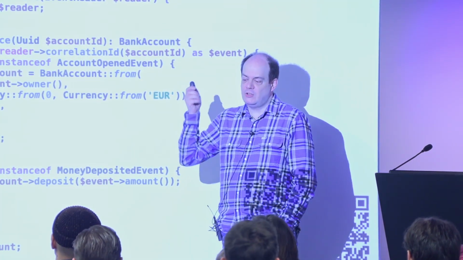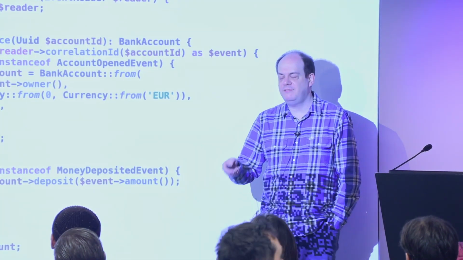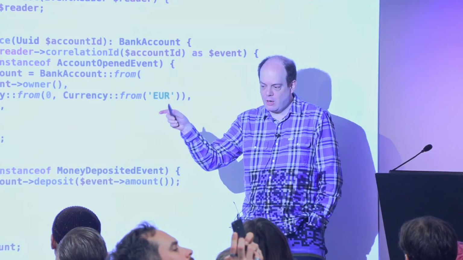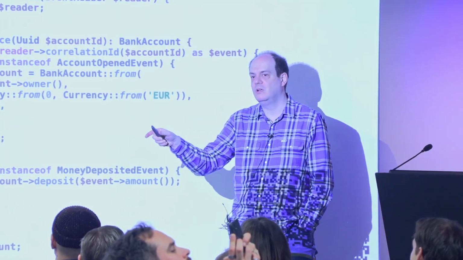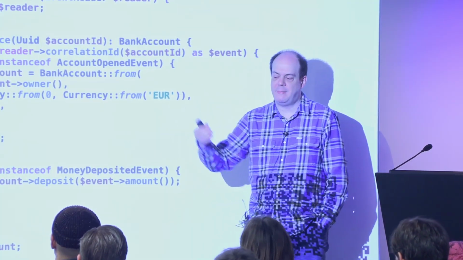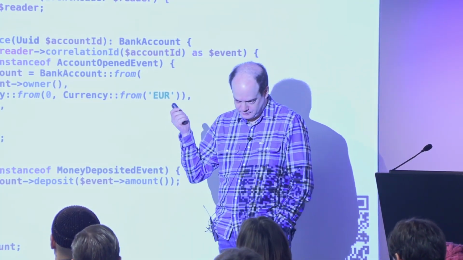Okay, so our bank account event sourcer object is in our application the object that is responsible for looking at a sequence of events and reconstructing a bank account object from that.